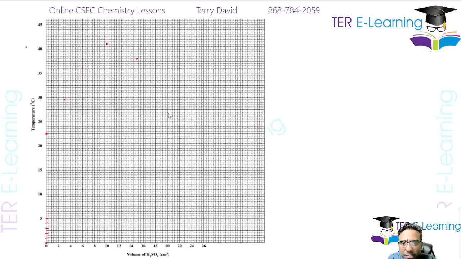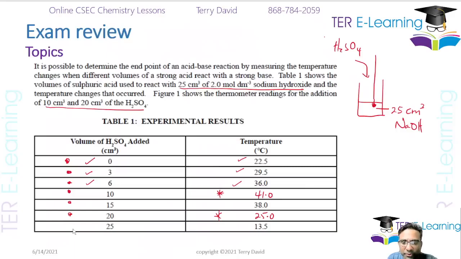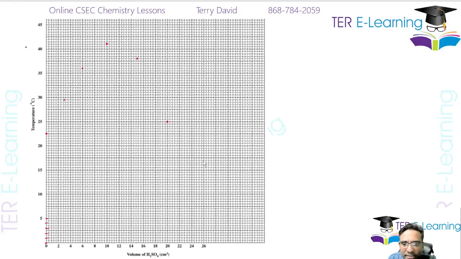So 20 against 25 will be this value here, right? And the last value is going to be 25 against 13.5. So this is 25 down here, and you want to get 13.5. So 10, 11, 12, 13. So 13.5 is about here.